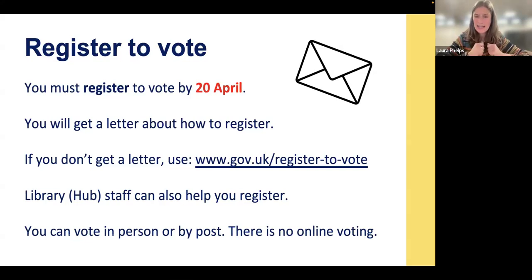Or if you organise now before the 20th of April, you can vote by post. So, for example, if you're on holiday, if you're not in the UK, if you're not in Wales on the right day, on the 7th of May, then you can vote by post before the election. However, you can't vote online for security reasons, so it has to be in person or by post with a letter.